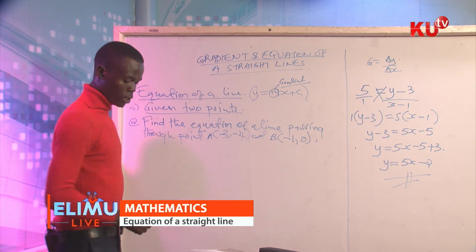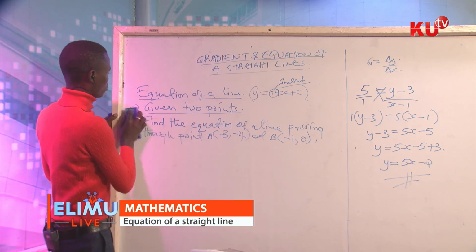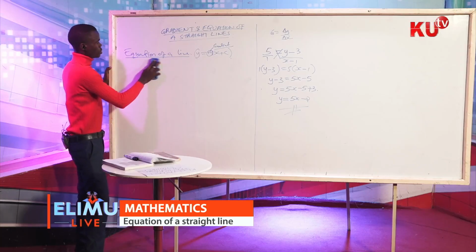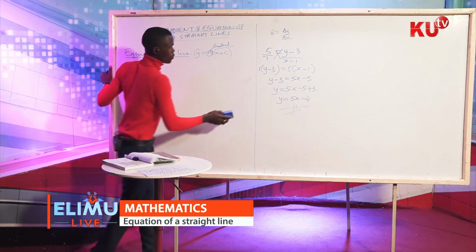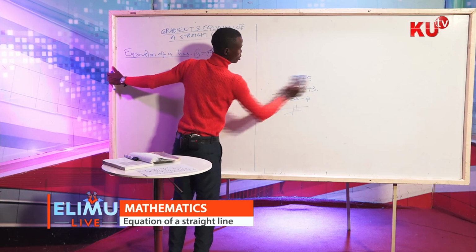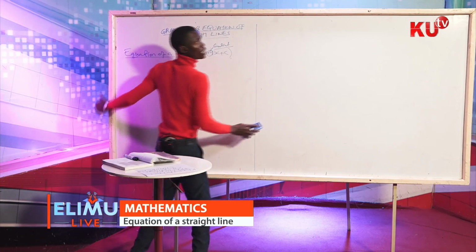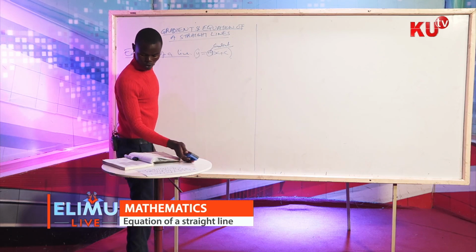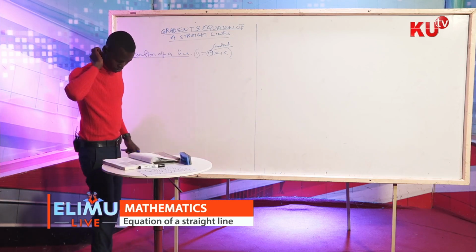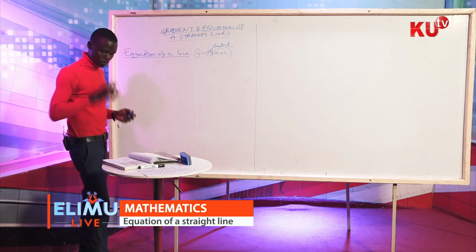Yeah, I think that was ample time to write that question. Now, without wasting much time, I want to move to the last bit of equation of a straight line.